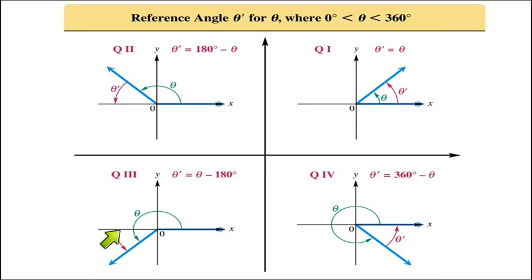Now for quadrant 3, the angle goes from here to here, and the reference angle is this bit here. You can see that the reference angle overlaps part of the original angle. So if you take the original angle and subtract 180, what's left over will be the reference angle. For quadrant 4, you want to start with 360 and subtract theta, and what's left over will be theta prime.